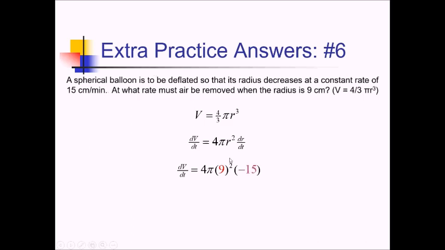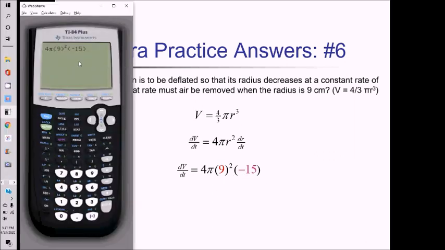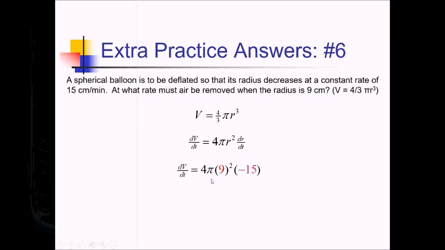And we should hopefully get a negative quantity for dV over dt because air is being removed. Multiplying this all together on the calculator, we end up with about negative 15,268.140. Since this is the rate at which the volume is changing, that's in cubic centimeters per minute.